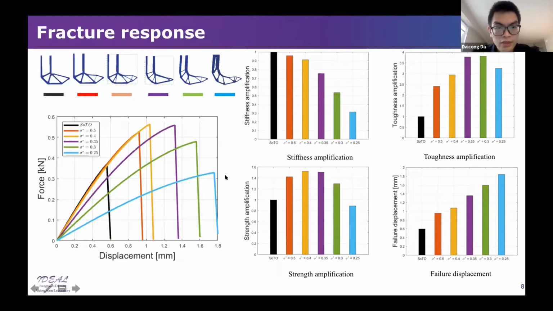This is a really significant observation in my mind, and you can also compare the failure displacements. With the decrease of the stress threshold or the maximal stress, you can see that the failure displacement is always improved.